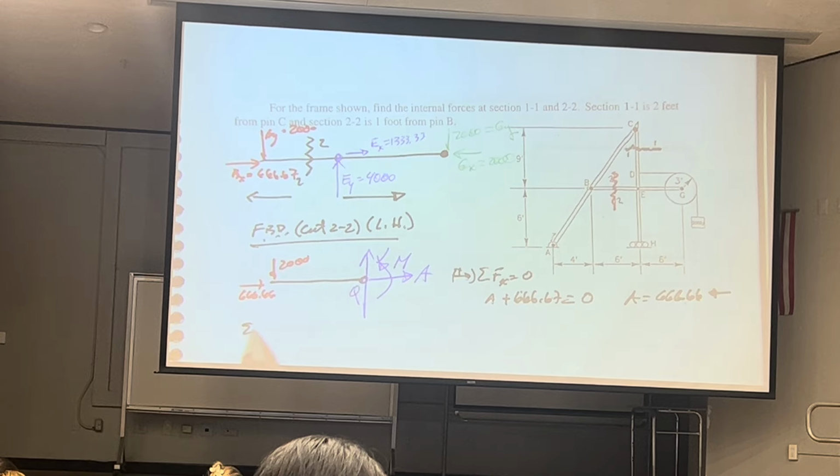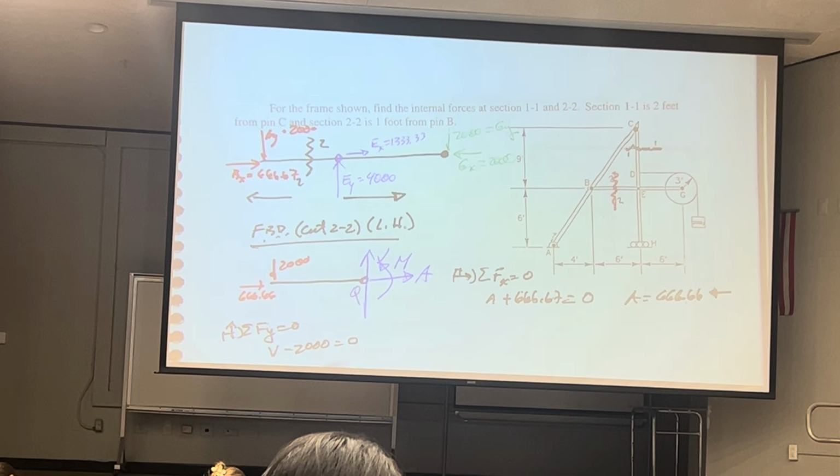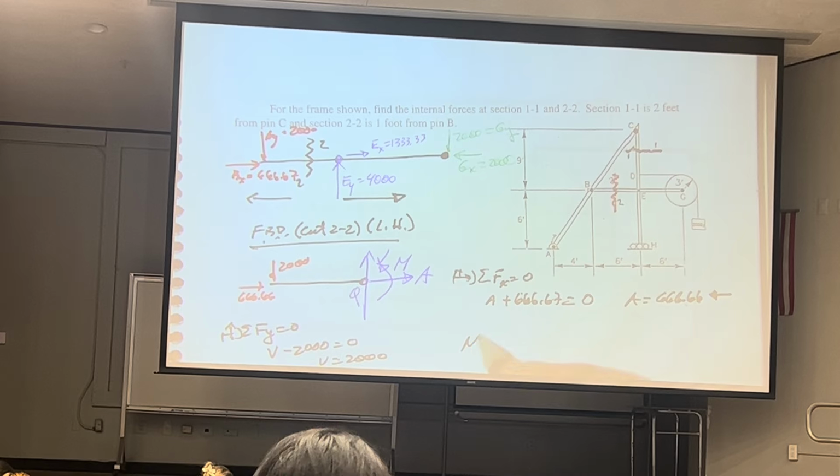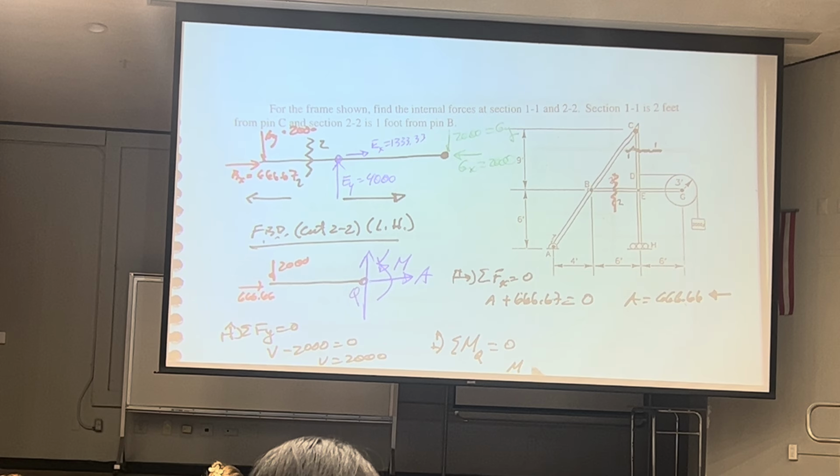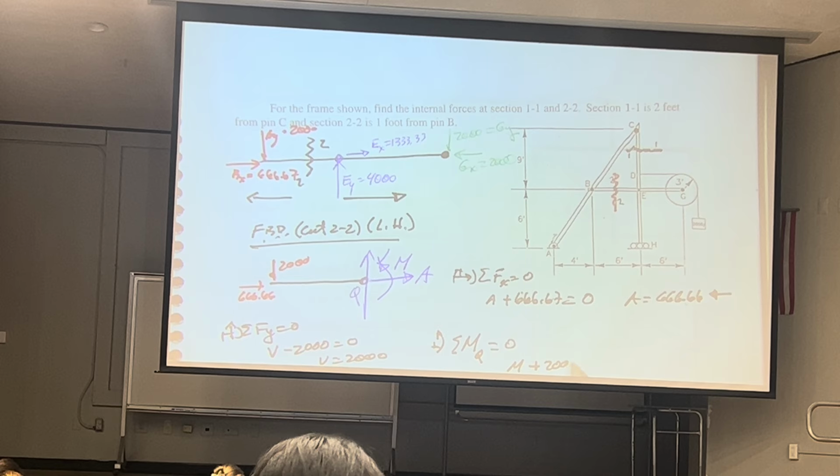If I do a sum of forces in the y equals 0, positive up, I should get V minus 2,000 equals 0, or V equals 2,000. If I do a sum of moments at Q, and I'm going to take counterclockwise positive, equals 0, this will be M plus 2,000 times 1 equals 0.